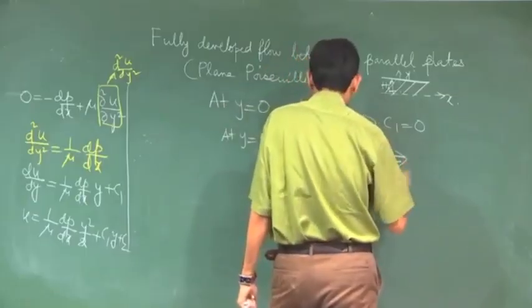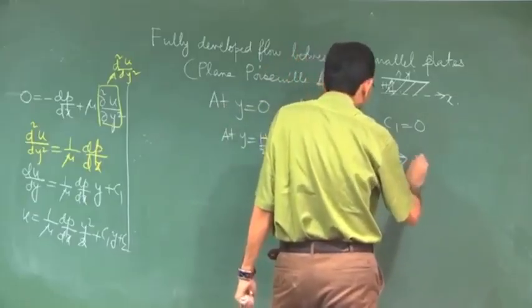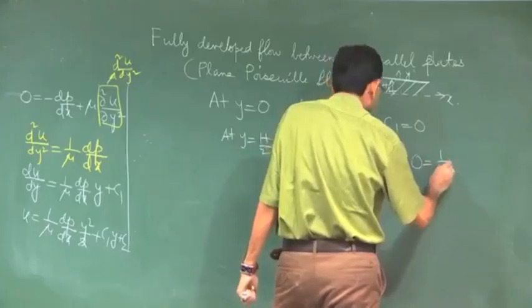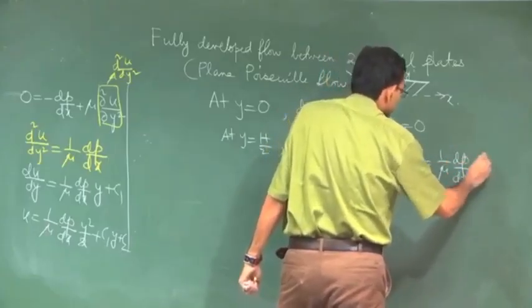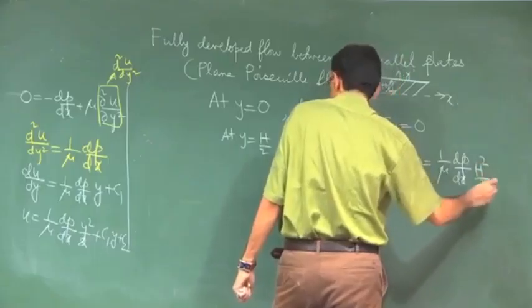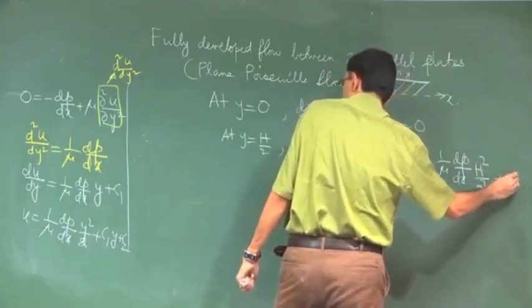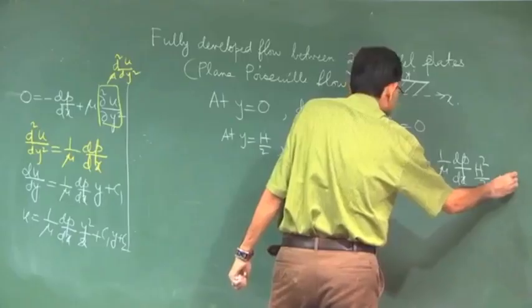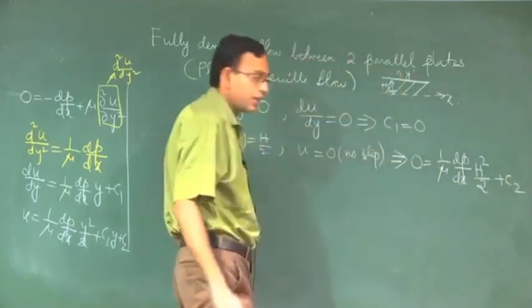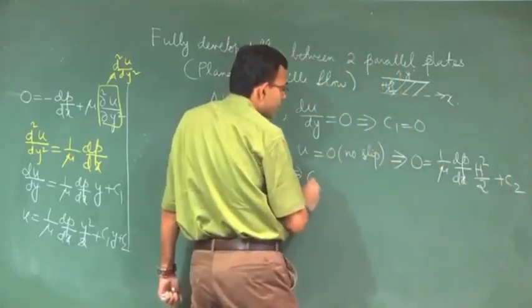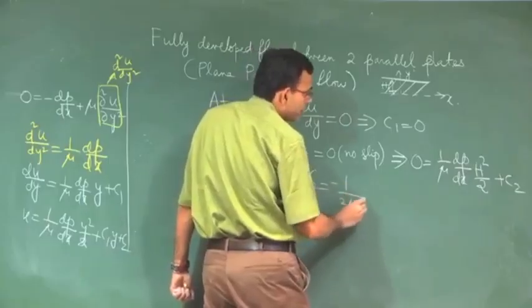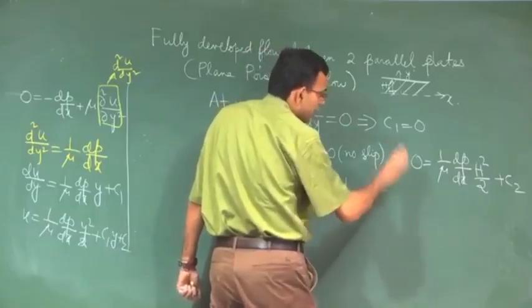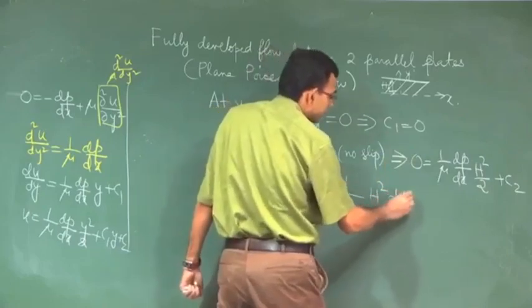This means 0 is equal to 1 by mu dp dx h square by 2 plus C2. Therefore, C2 will become minus 1 by 2 mu h square dp dx.